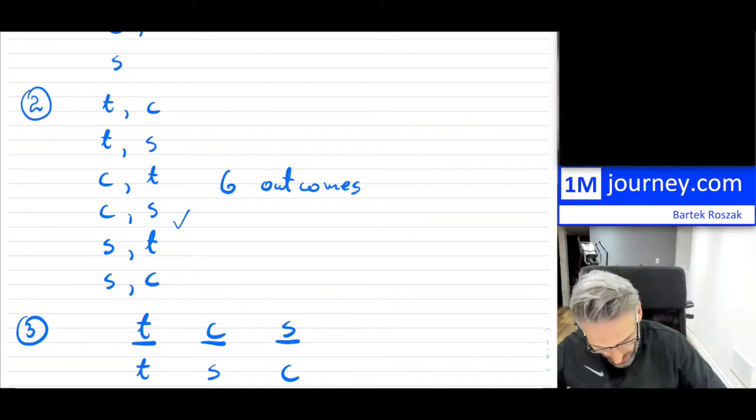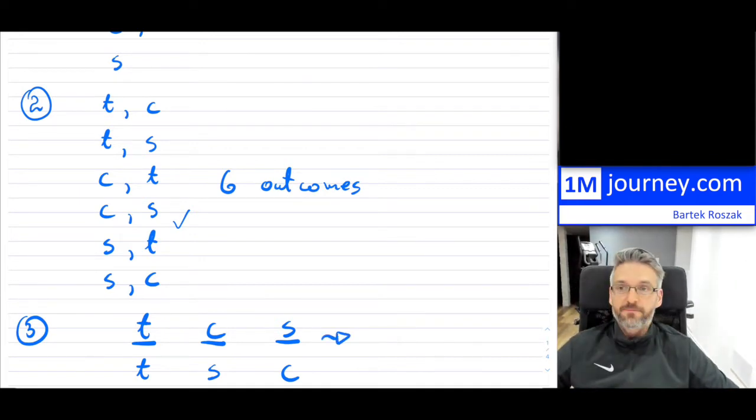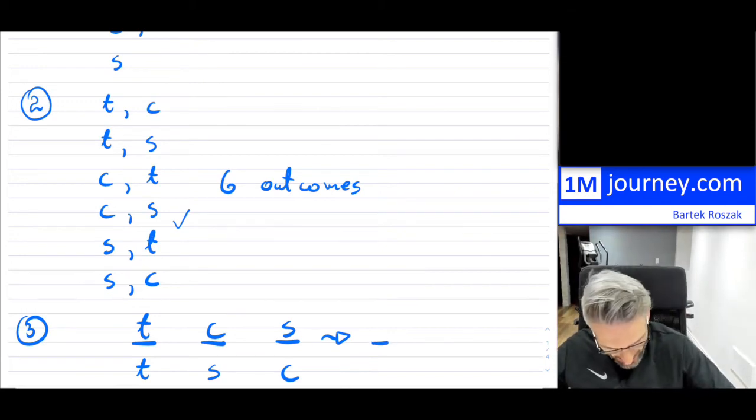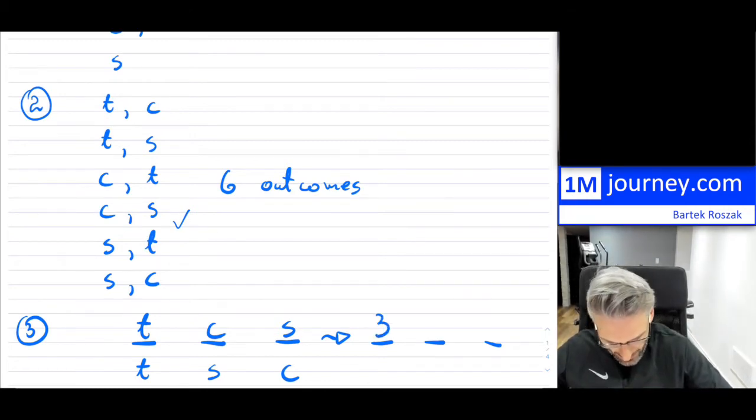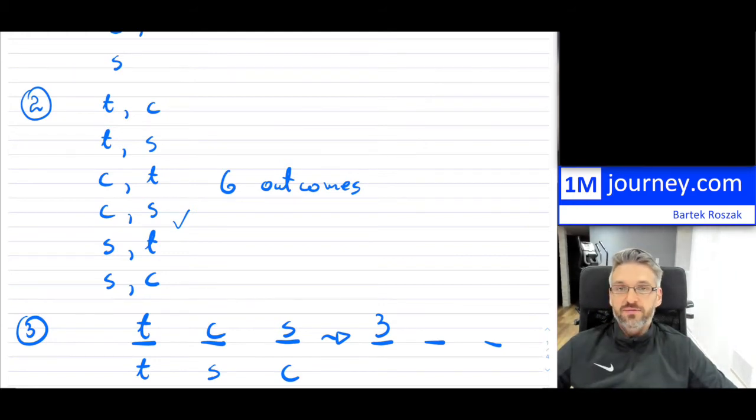Now, instead of doing all these combinations with these 3, as I said, I can use the multiplicative principle, which says I have 3 choices in the beginning: either a triangle, a circle, or a square.